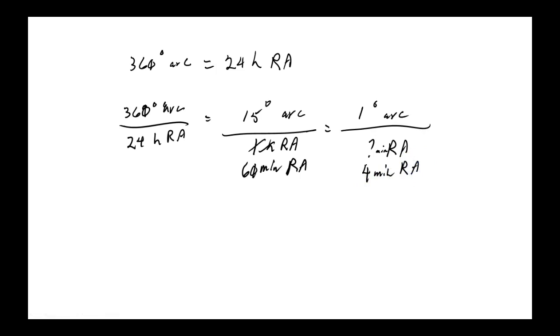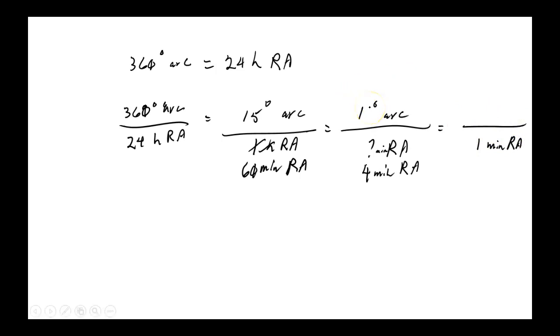How many minutes of right ascension are equivalent to 1 degree of arc? Okay? Now the next question. How many minutes of arc are equivalent to 1 minute of right ascension? So here we're going to 1 minute of right ascension.